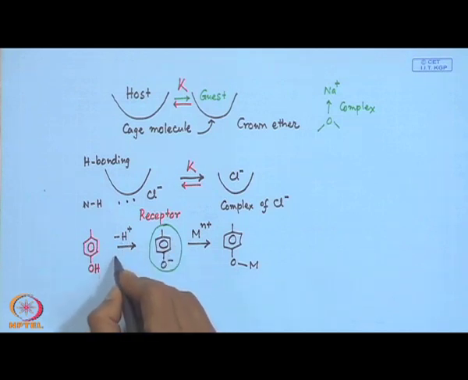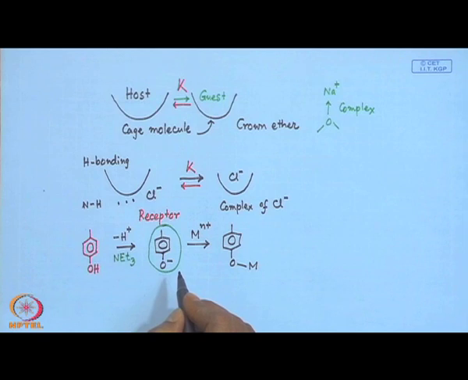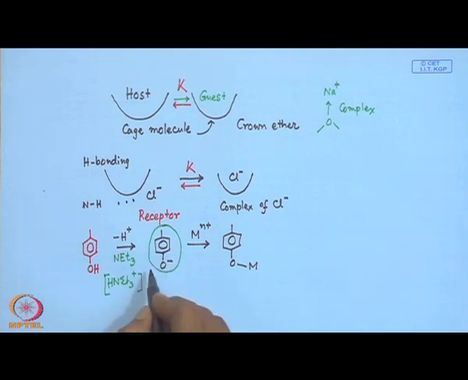So, for deprotonation we use some organic base, say NEt3, and NEt3 can take up the proton forming the corresponding NEt3H+, the triethylammonium ion. This triethylammonium ion will be there and will be free.